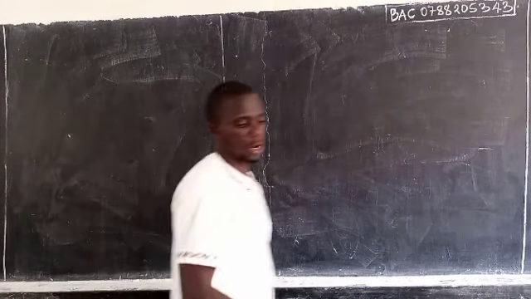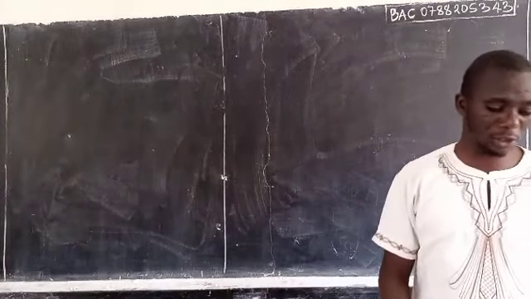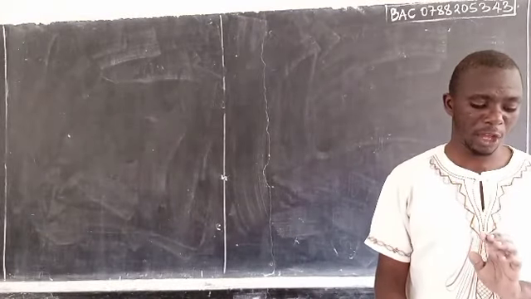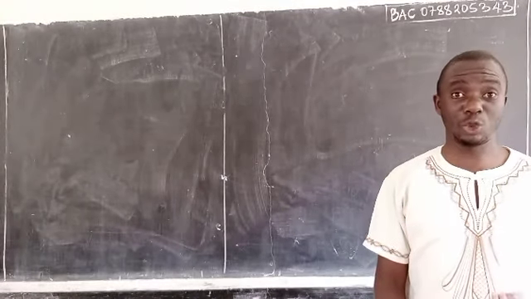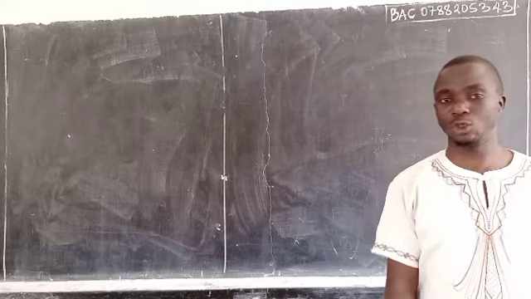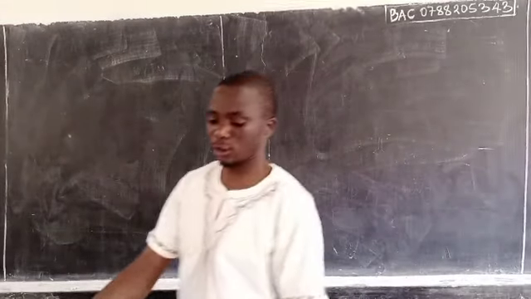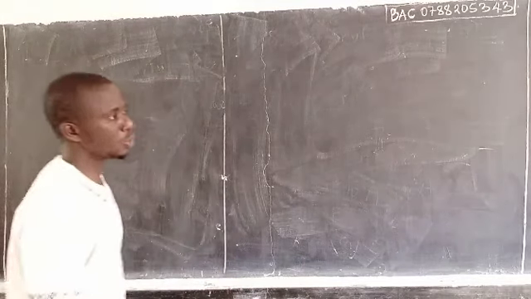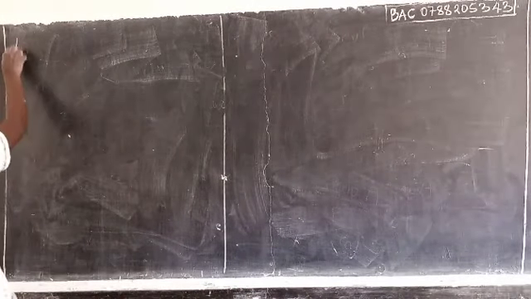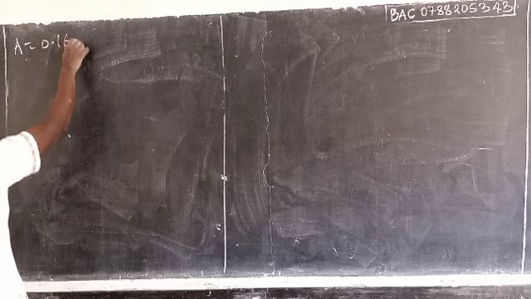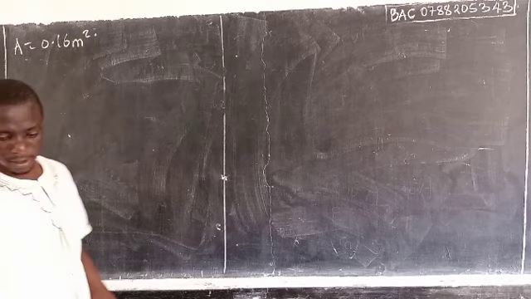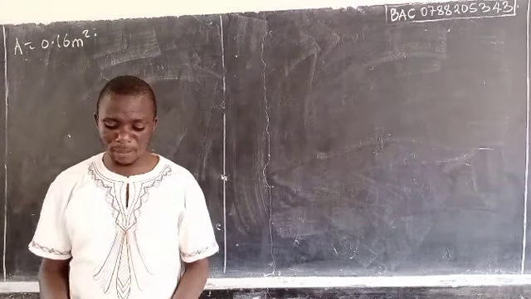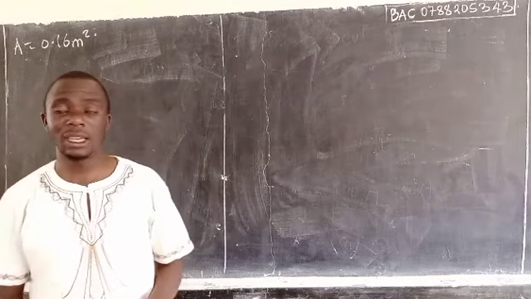So you can write that the plates of a parallel plate capacitor are each of area 0.16 meters squared, and are separated by 10 power negative 3 meters.